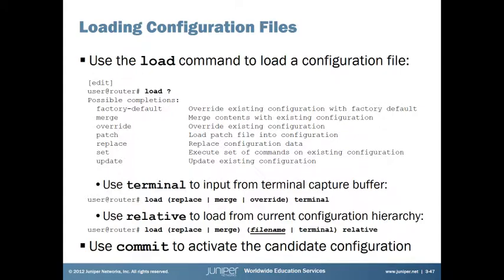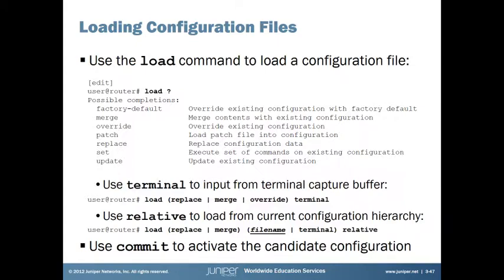Now, you can load a configuration from the terminal. In other words, you have a configuration file that you've opened up on your local system. You copy, and then you log into your device, you type load terminal, and then you press the enter key, and then you paste it in on the screen.